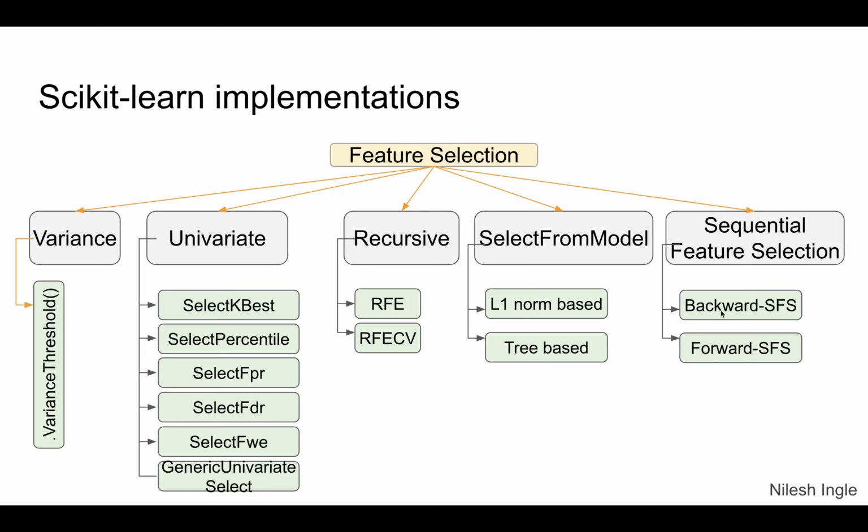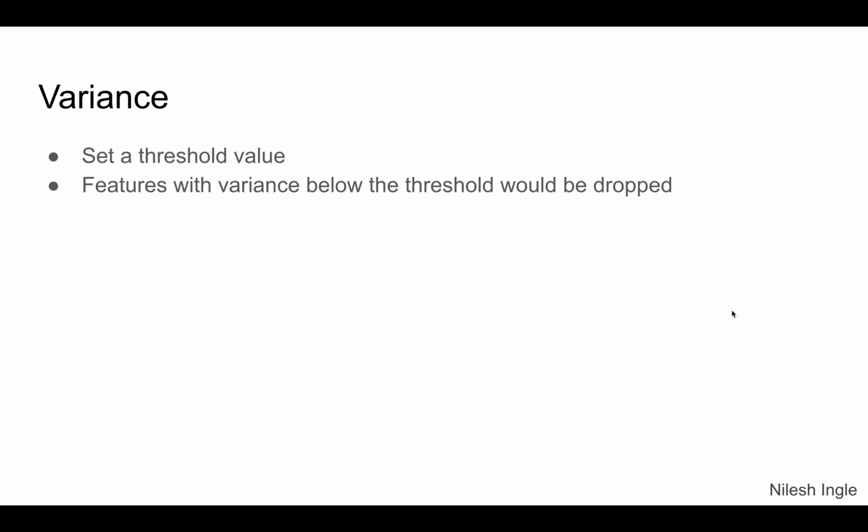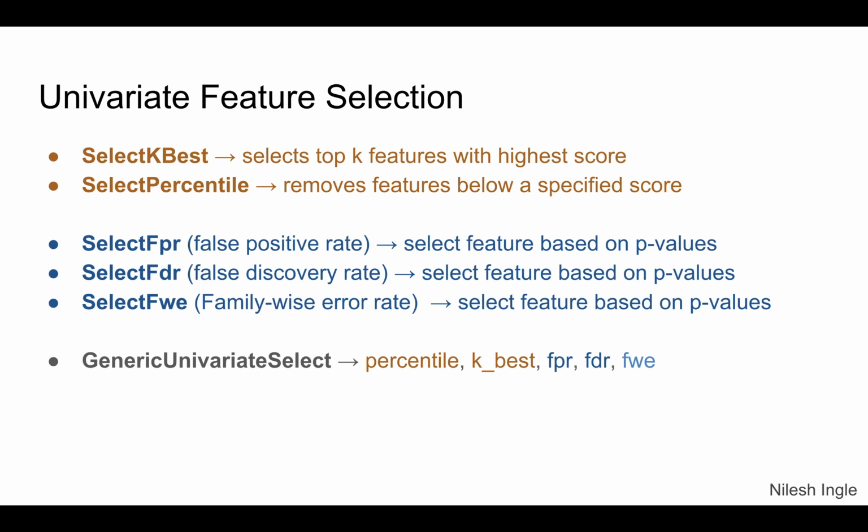In that also we can use forward selection and backward selection. So variance, as just mentioned, we can calculate the variance for each of the features and then have a preset threshold value for variance, and if the values drop below that threshold for any feature, then we can remove those features from the data set for further processing.